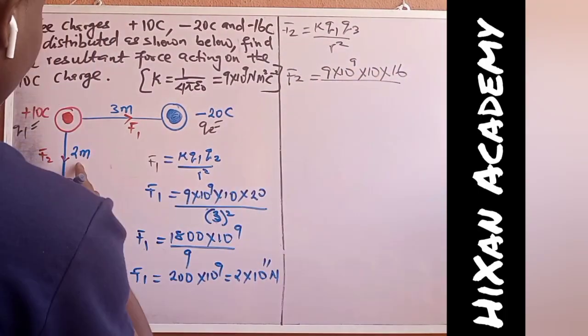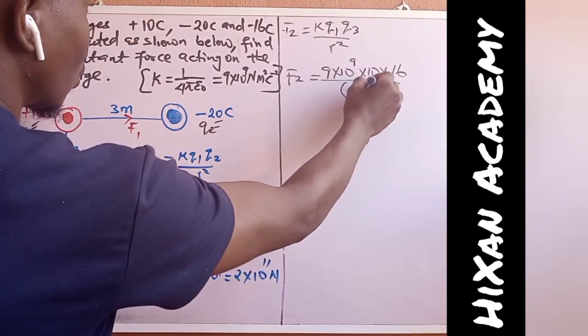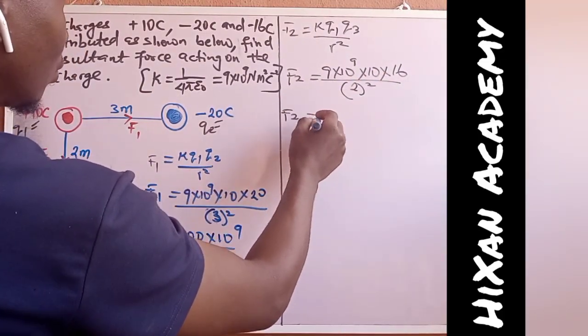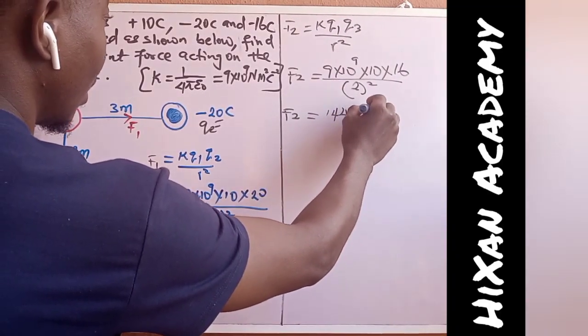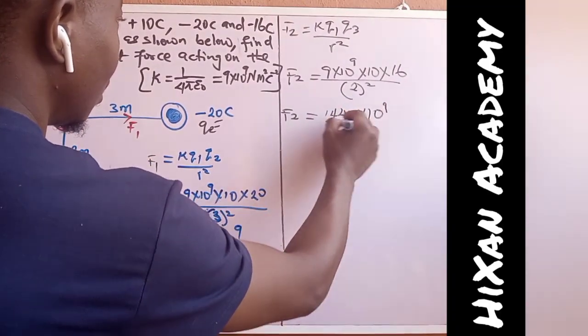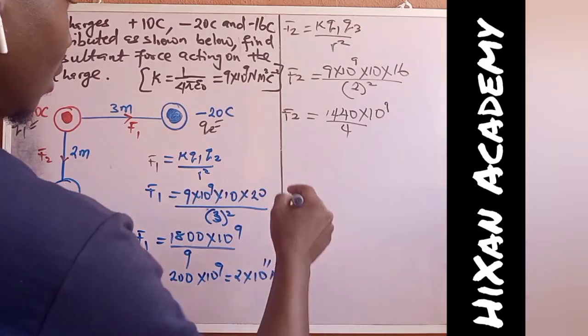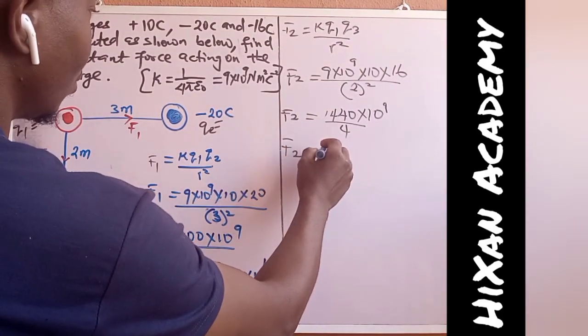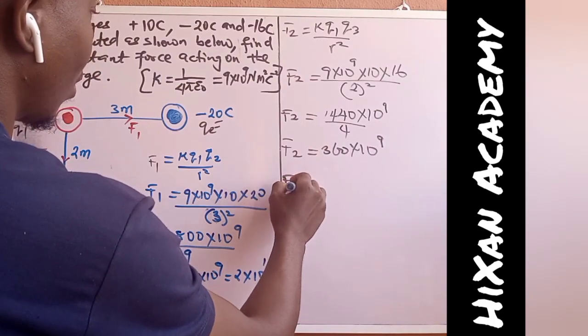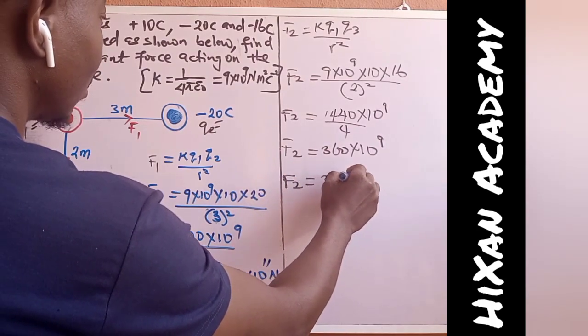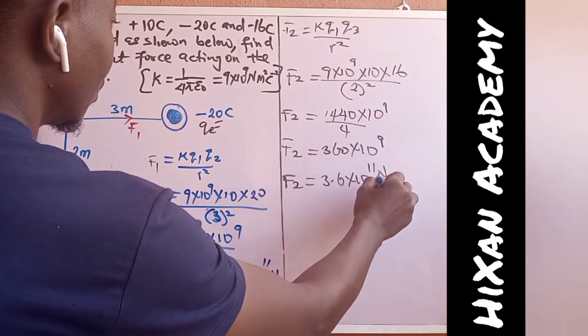Everything divided by 2 squared. So our F2 is 1440 times 10 raised to the power 9 divided by 4, so our F2 will be 360 multiplied by 10 raised to the power 9. So our F2 will be 3.6 multiplied by 10 raised to the power 11 Newton.